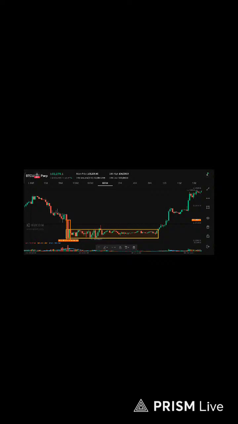This is the bullish HARAMI Candlestick Pattern. It occurs at the support zone, right? It occurs at the support zone. So this is it.